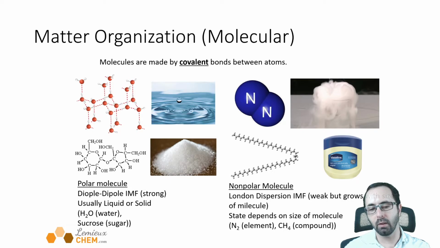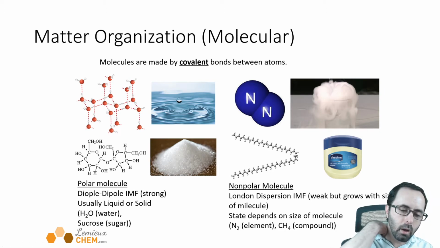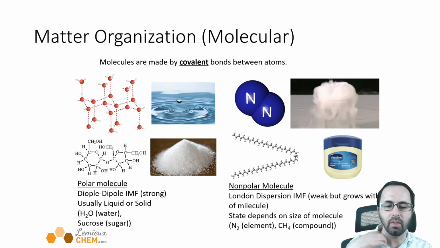And so the result is that it's solid at room temperature. Also, it's a relatively large molecule, so its London dispersion forces are quite big too. And so the result is that these tend to make solids and liquids, these polar molecules.